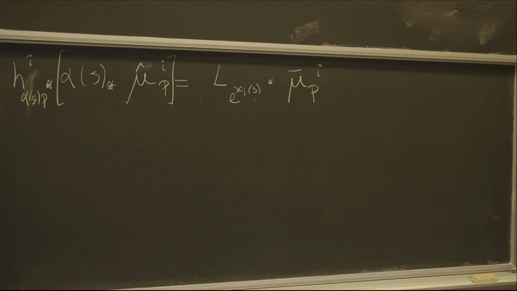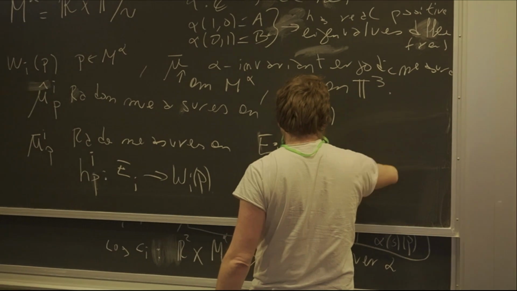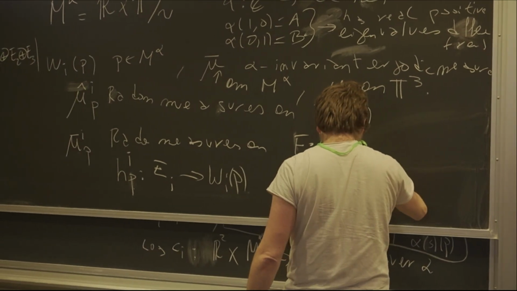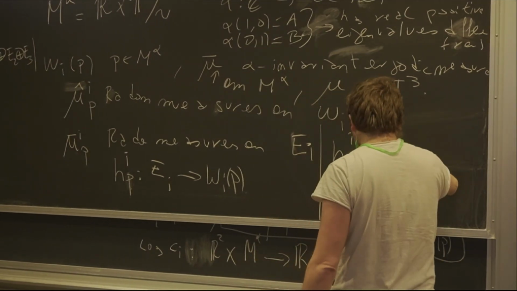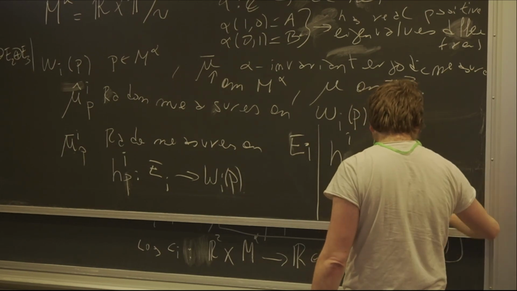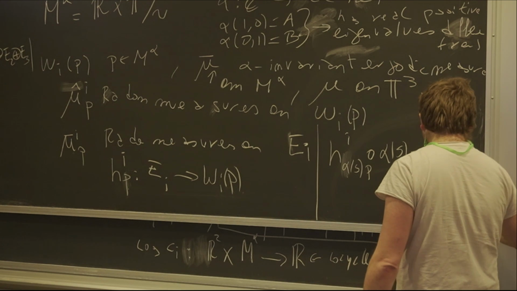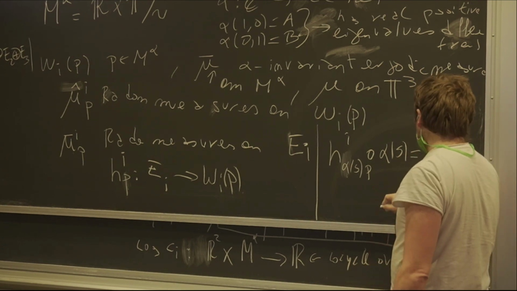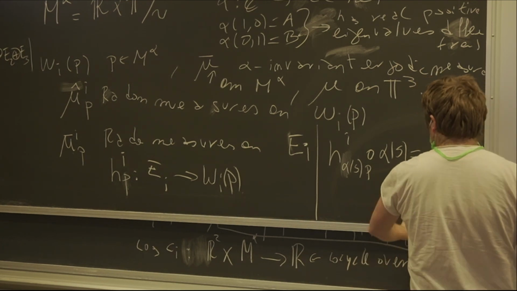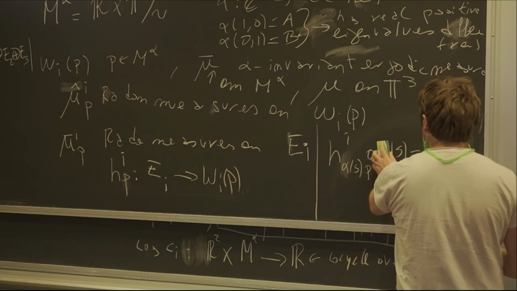I probably should have put it here. H p i, alpha S pi compose, alpha S is multiplication by e to the chi I of S compose, oops, no, that's wrong.